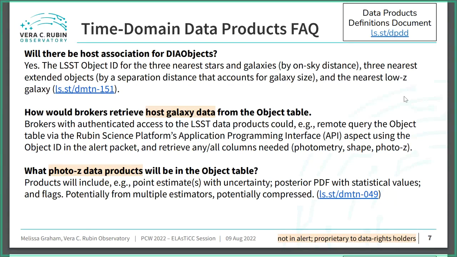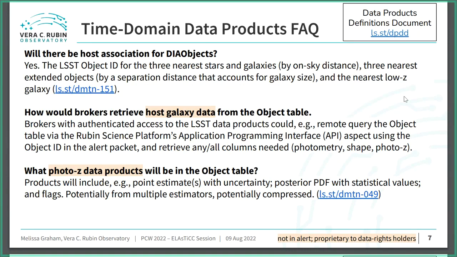Within the alert packet, host association gets done as part of that 60 seconds. What goes in the alert packet are the LSST object IDs for the 3 nearest stars and the 3 nearest galaxies, just by on-sky distance. Also, the 3 nearest extended objects, using a separation distance that takes into account the size of that extended object.